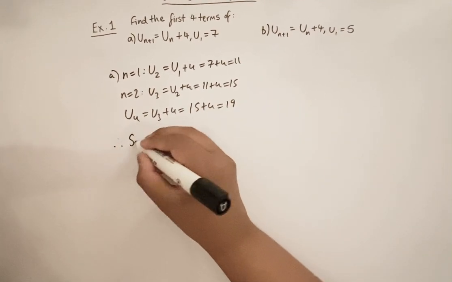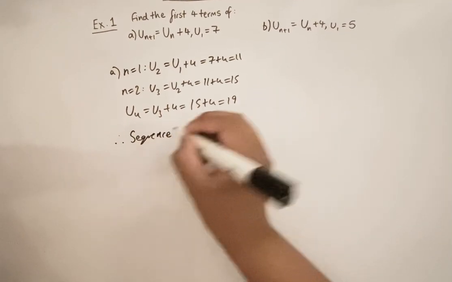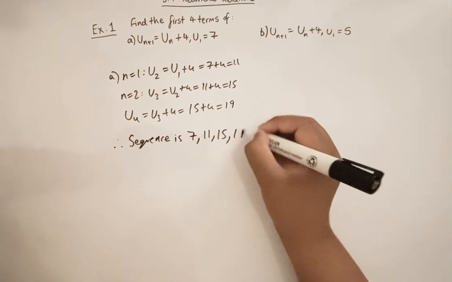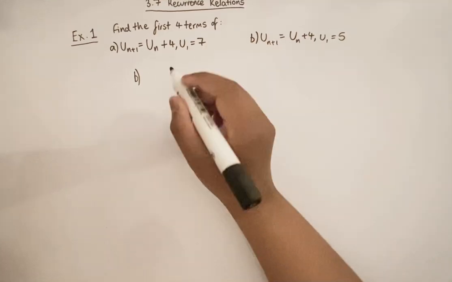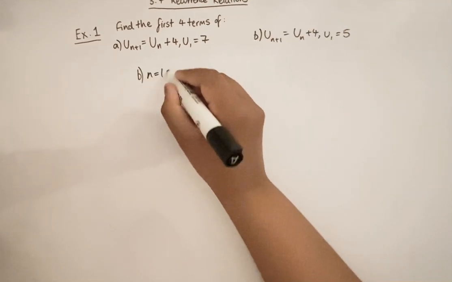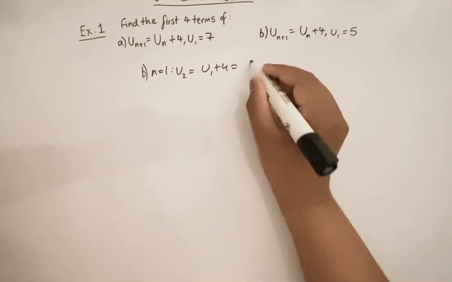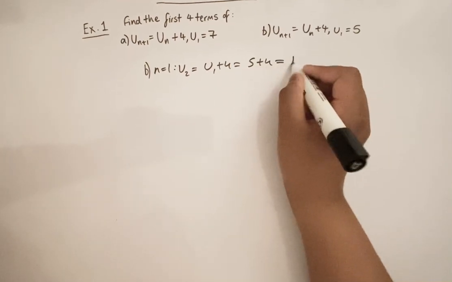Therefore, the sequence is 7, 11, 15, and 19. For part B, we do the same thing. When n equals 1, u_2 is equal to u_1 plus 4, which is 5 plus 4, which is 9.